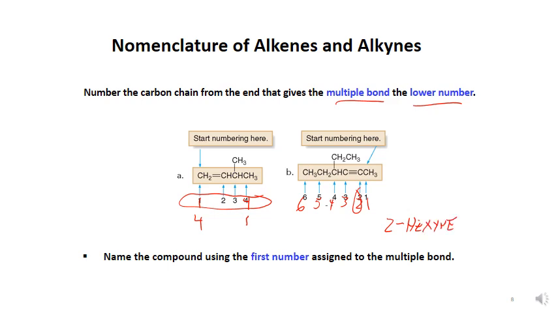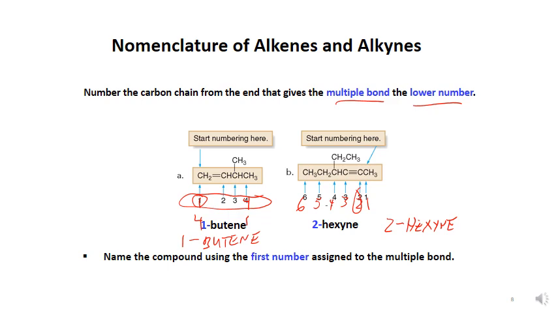And because the 1 is where the multiple bond starts on this, this is a 1-butene. Let's see if we're right. Look at that, 1-butene, 2-hexyne. Nice. All right, so we've got the parent, and we've identified which carbon has the multiple bonds.